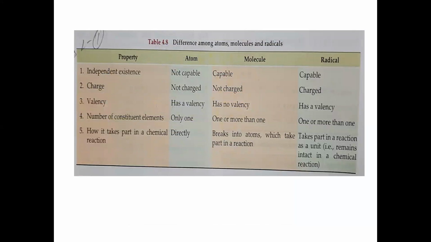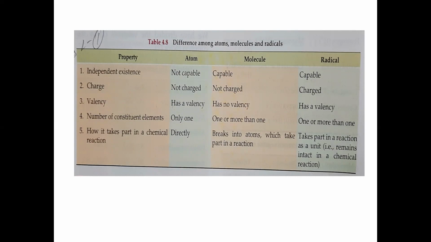Now next is table 4.8, in which they have differentiated between atoms, molecules and radicals. In that, the first property is independent existence: atoms are not capable, molecules are capable, radicals are not capable.